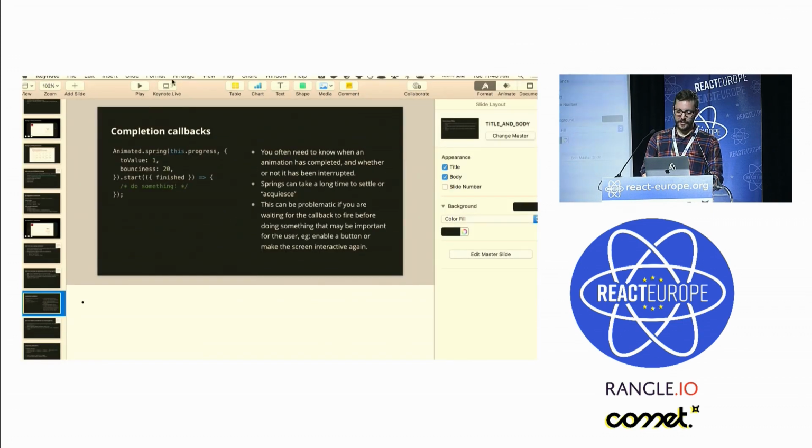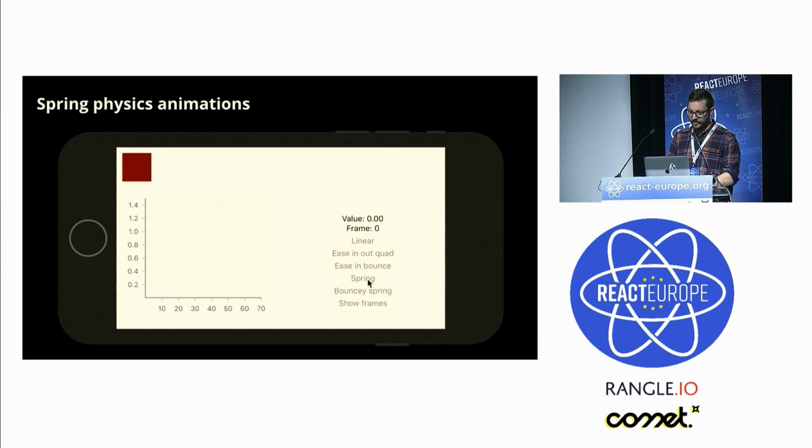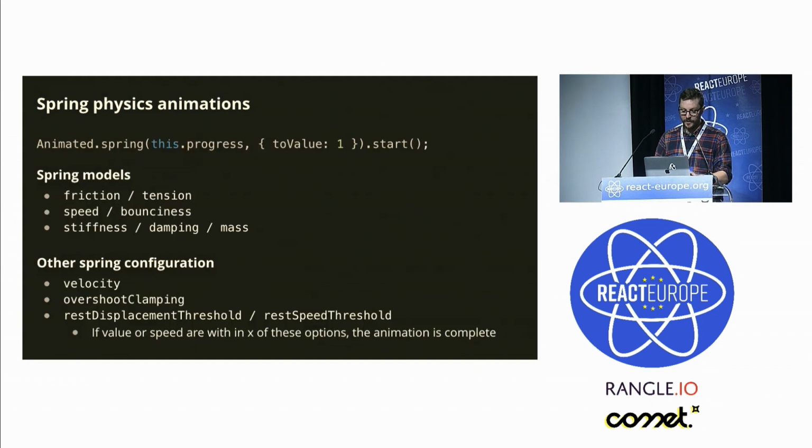So there are special considerations in the case of spring for how to do this. And that goes back to these properties that I mentioned before, rest displacement threshold and rest speed threshold. You can define in the animation at what speed or at what displacement from the to value the animation is considered to be at rest or complete.